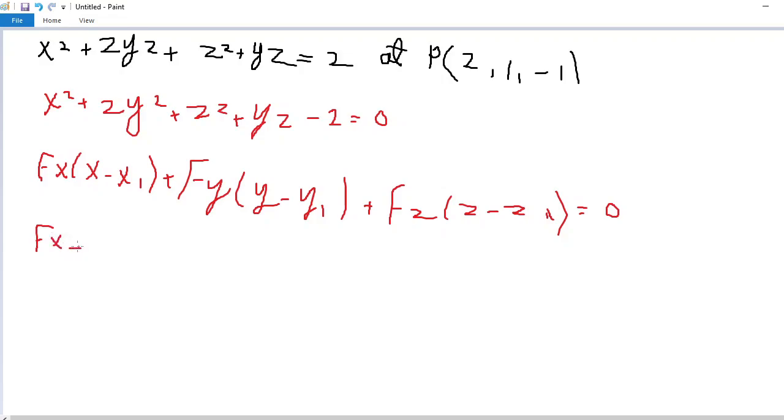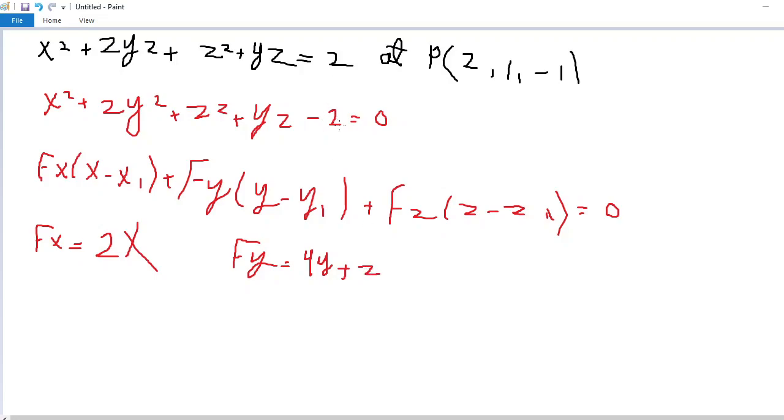Let's write here fx. Here we have an x, here yz, z, y, so all of them will be gone. What's left is 2x. Let's find the second partial derivative, fy. So x squared will be gone. 2y squared, its partial is going to be 4y. z squared is going to be 0, plus we will have yz, so it's going to be 4y plus z.